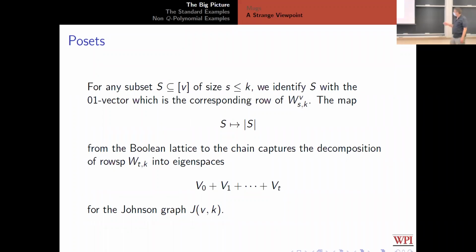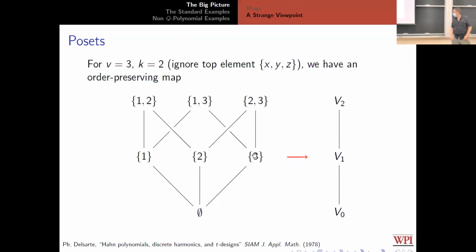And this map that sends a set to its cardinality from the Boolean lattice just maps it to the chain, and the chain is the Q-polynomial ordering on the eigenspaces that you saw in Sho's talk. Okay, so here are these eigenspaces, and a T-design is exactly a 0,1 vector that's orthogonal to these eigenspaces V1 up to Vt. Okay, that's Delsarte theory.